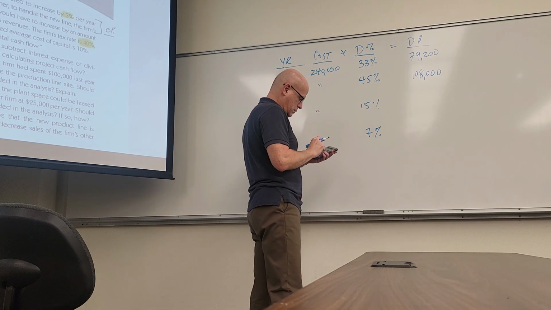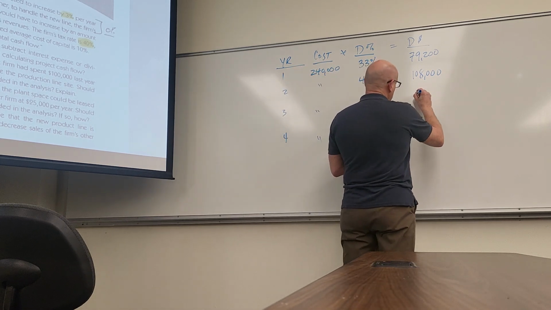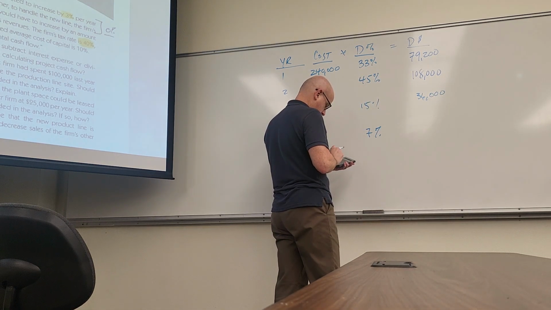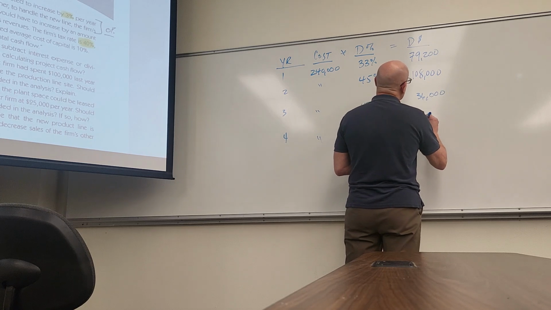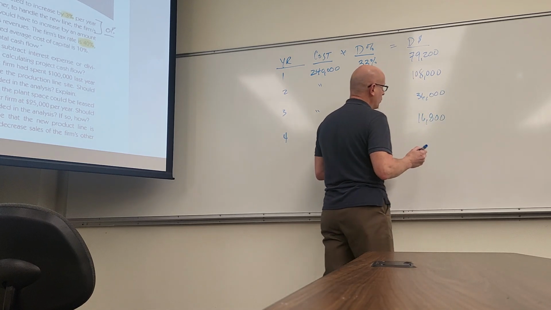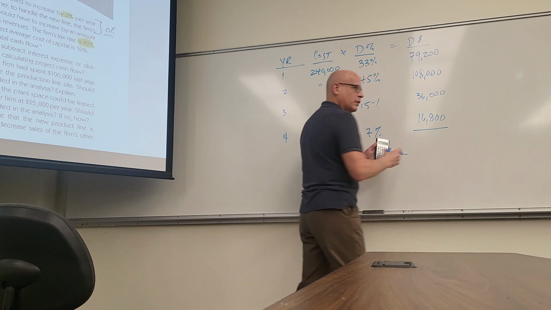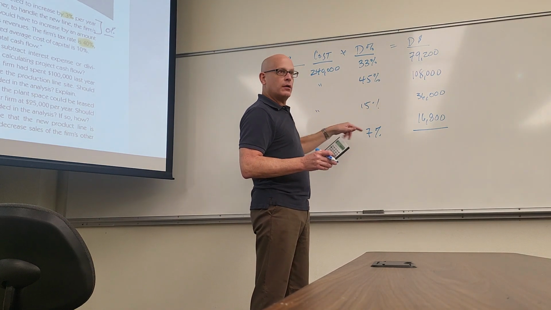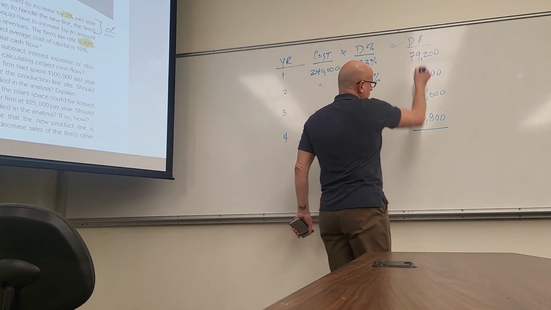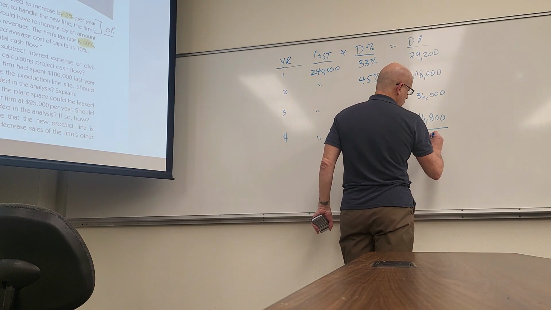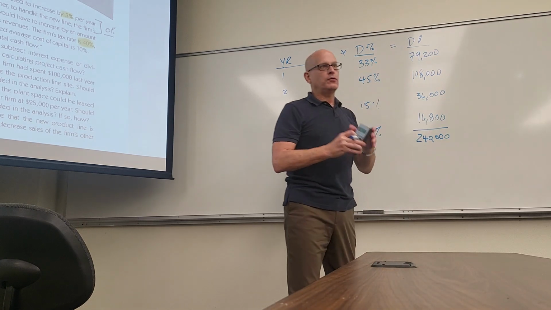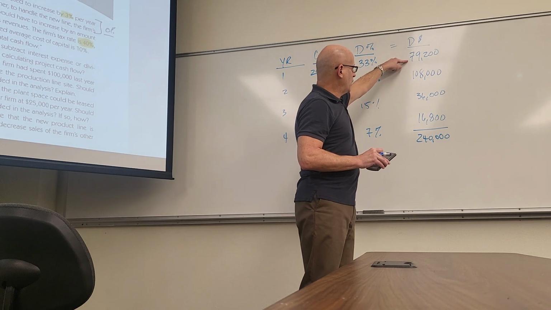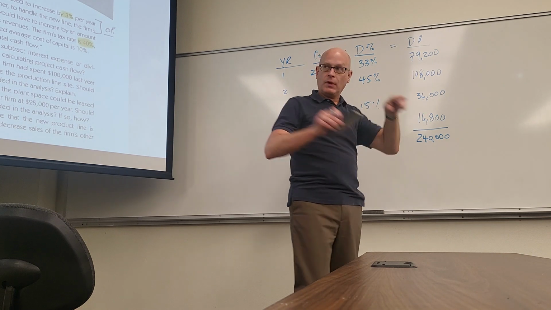Let's see. 36,000 in year three. And then 16.8 in year four. And since we're depreciating it over 4 years, and this adds up to 100%, it's fully depreciated. If you added this column up right here, you should get the same 240 you started with, which means you fully depreciated the asset after 4 years, okay? Year one depreciation, year two, year three, year four. That's gonna go in my table up here.